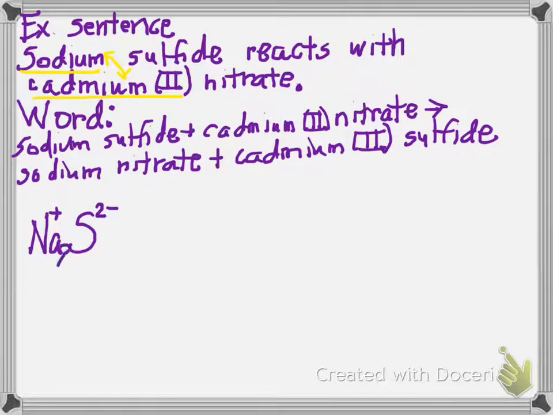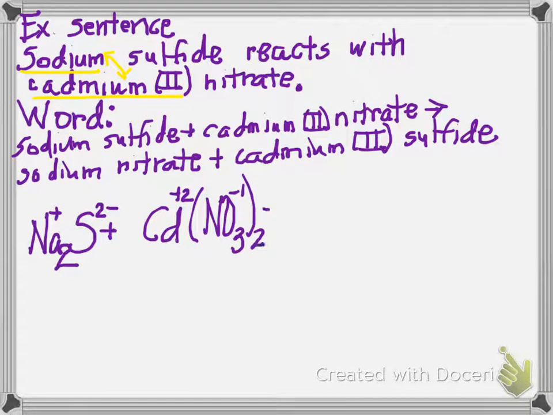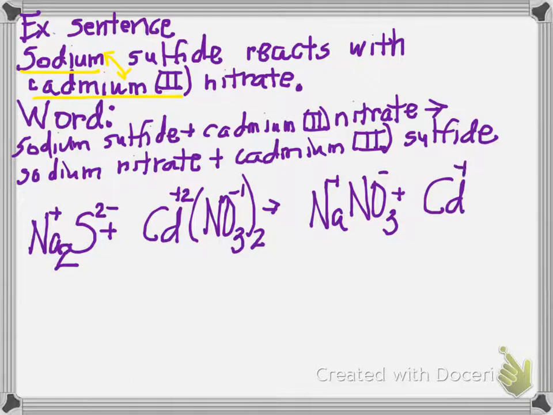So I need to write this as Na2S plus Cd +2 NO3 -1, crisscross down, I needed 2. Sodium is Na, nitrate is NO3 -1, nothing to do to that one. Cadmium is Cd +2, sulfide is S -2, nothing to do to that one.